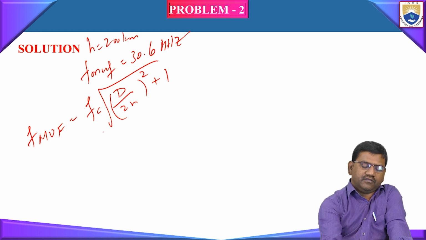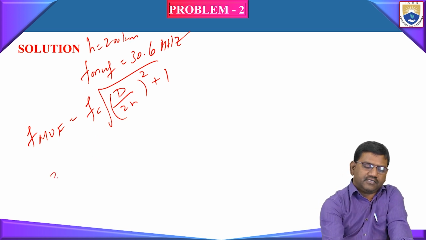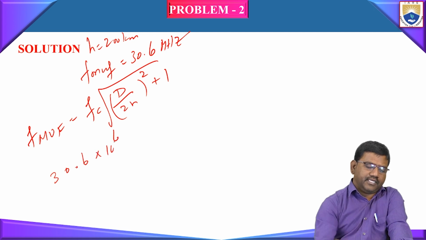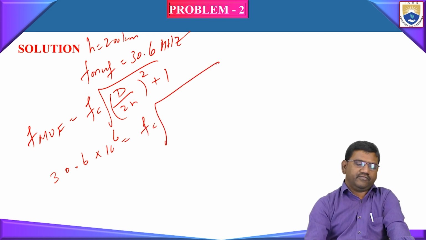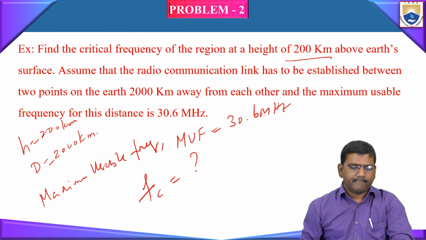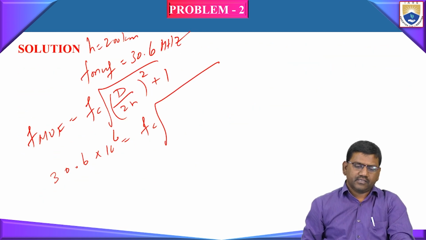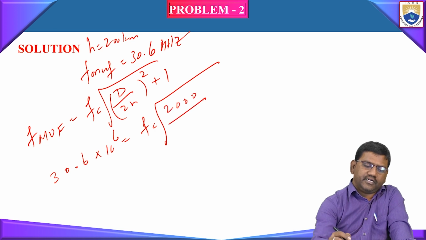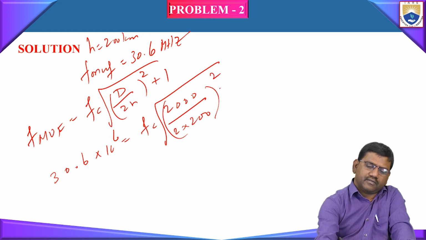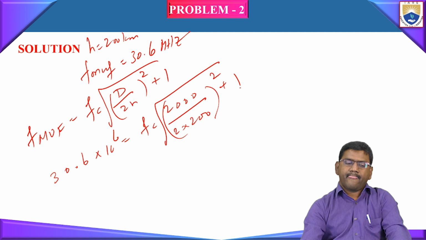So the muf value is 30.6 into 10 power 6, which is equal to Fc into square root of (the value of d, 2000 kilometers, divided by 2 into 200) whole square plus 1.